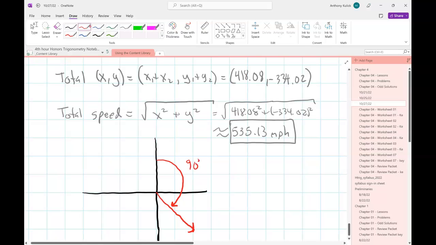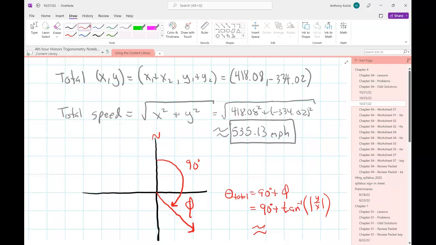So the bearing from north is going to be 90 plus that angle formed between the terminal side and the x-axis. And remember, the way we calculate that angle between the terminal side and the x-axis is with tan inverse of the absolute value of y over x. And that's going to just be a calculator problem.